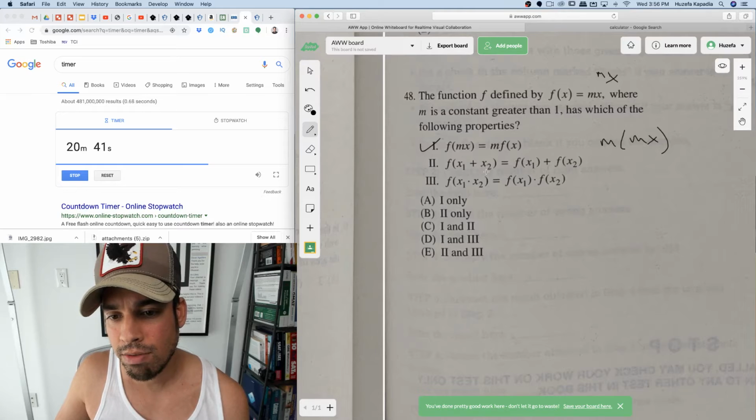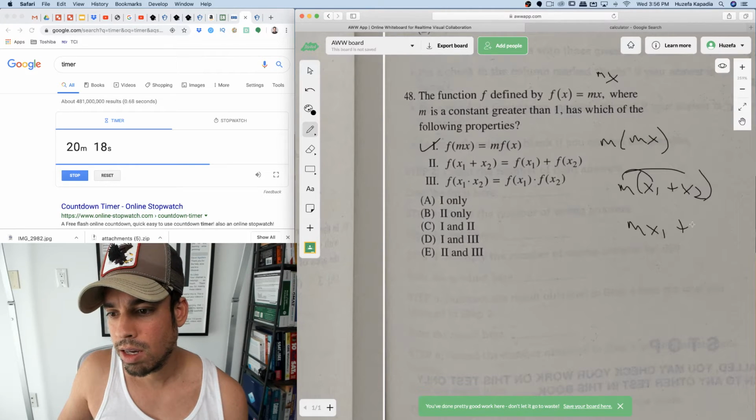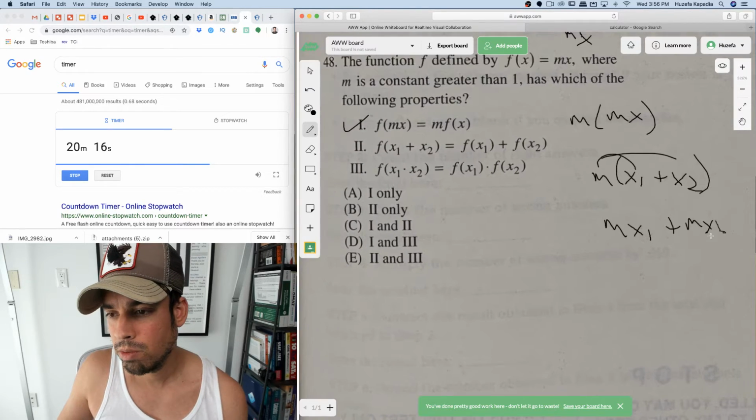If I have this one, f of x1 plus x2 equals f of x1 plus... This I disagree with, because if I did x1 plus x2, it'd be m times x. Oh, wait, I don't disagree with this, because that would distribute, and that'd be mx1 plus mx2.